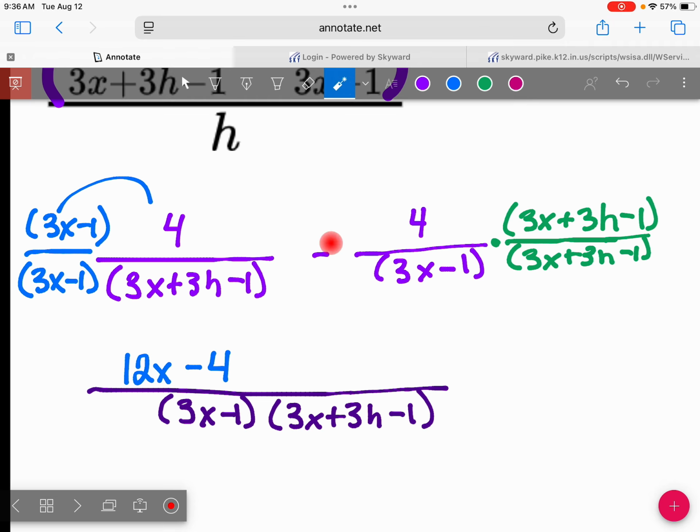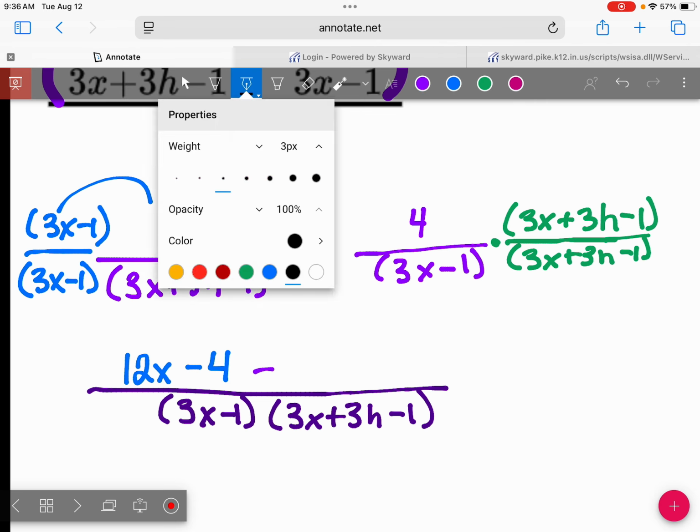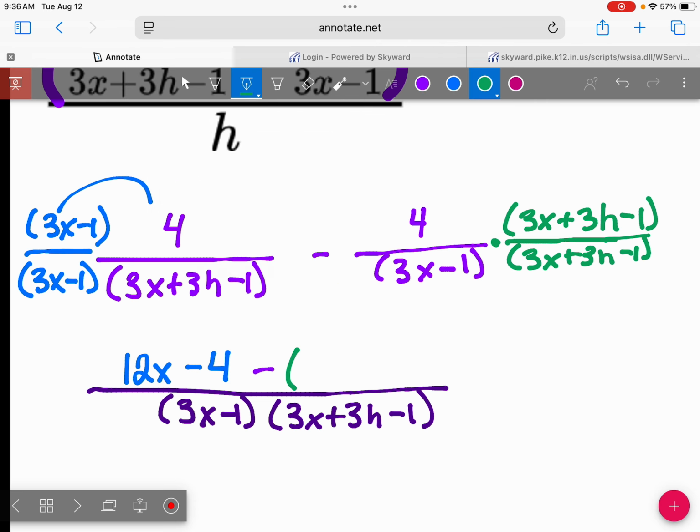And you can either think of this as distributing through a minus 4, or you can put minus and put your parentheses and think about it that way. I'm going to do it that way so that I can then do my 4 times 3x, 4 times 3h, 4 times minus 1. So we're going to subtract 12x plus 12h minus 4.